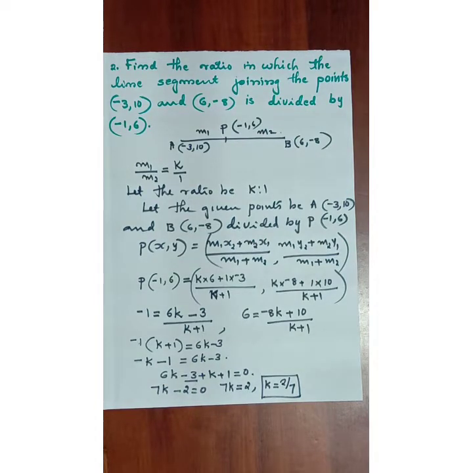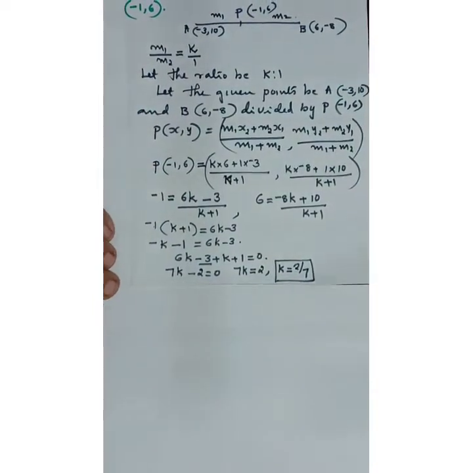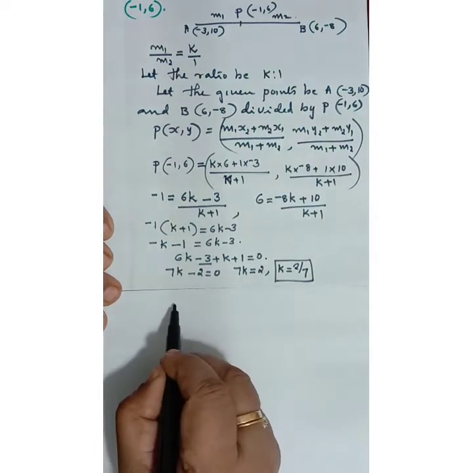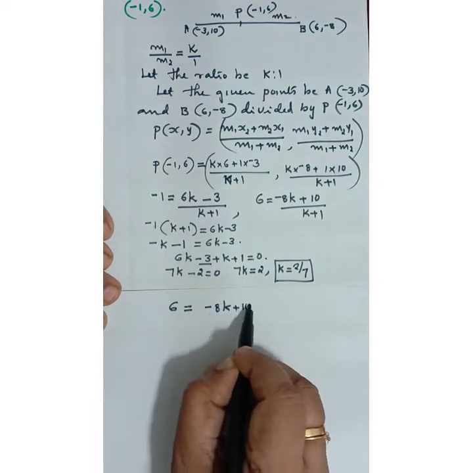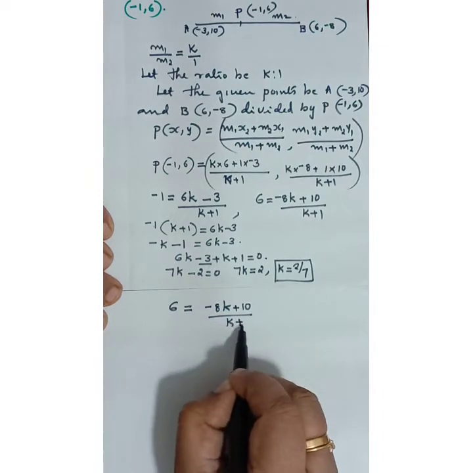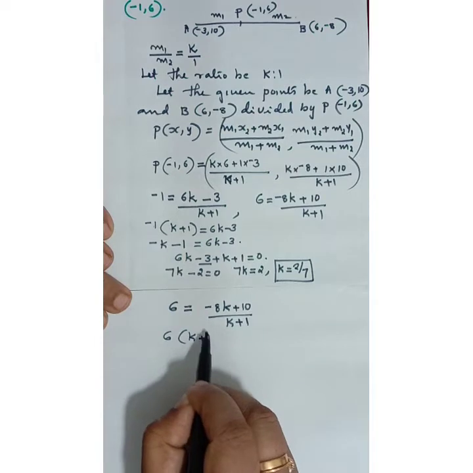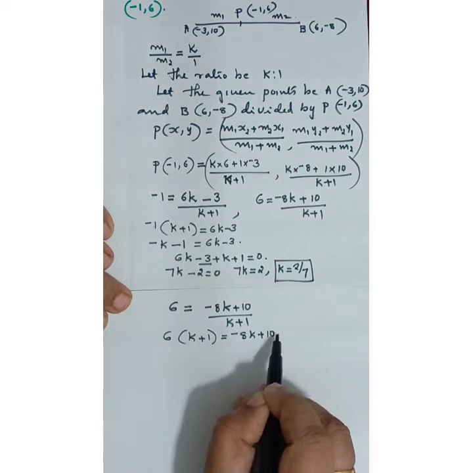Similarly, by using the y coordinate also we have to find out. Here you can see 6 is equal to, that is our y coordinate we are comparing, negative 8K plus 10 divided by K plus 1. Cross multiply, 6 into K plus 1 equal to negative 8K plus 10.